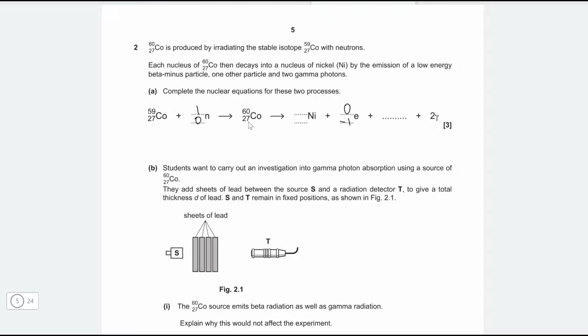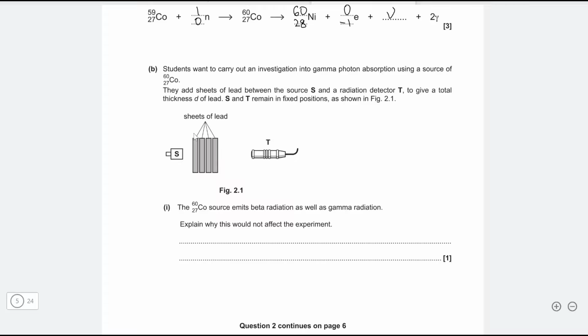In beta minus decay, we have gained a proton, so a neutron turns into a proton, so this here will be 28, but the total number of neutrons plus protons remains constant, so this here will be 60, and we also have an anti-neutrino, which is given the symbol here with a little bar on top to showcase the fact that it's an anti-neutrino. A useful tip to remember: if you see a minus here, if you see a little horizontal bar here, then you need a little horizontal bar up here as well.